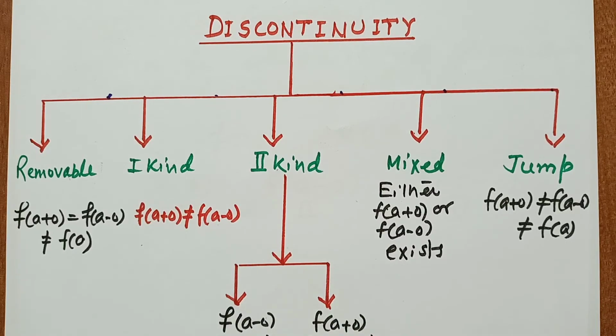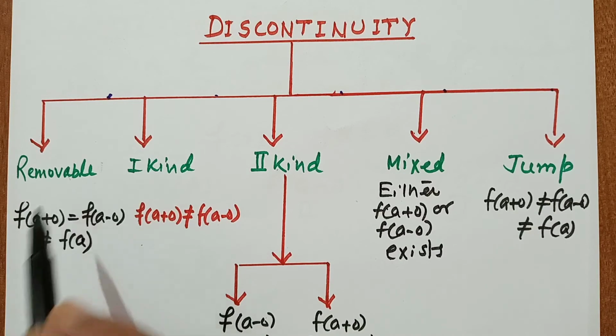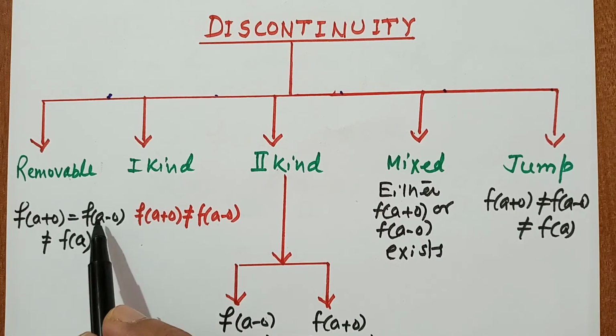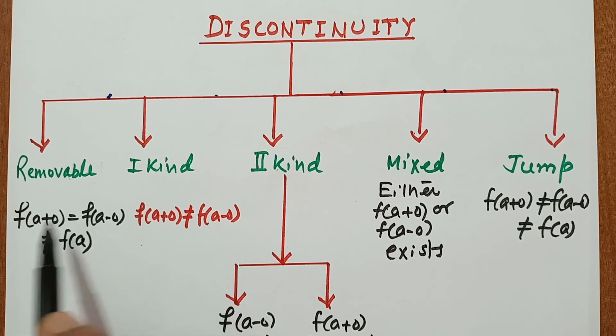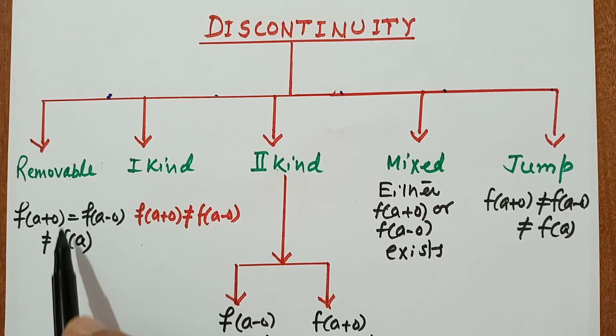What is a removable discontinuity? If the left hand limit and right hand limit both exist and are equal but not equal to the value of the function.